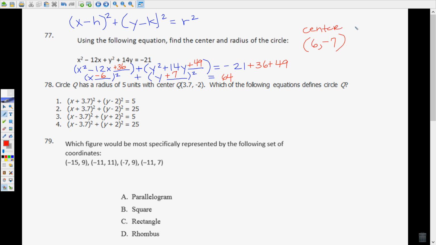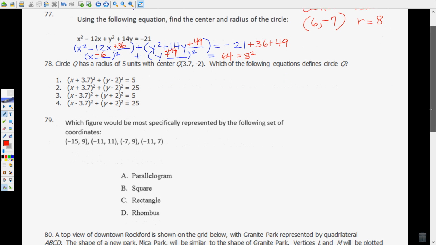And your radius, remember this is radius squared. 64 is radius squared. So your radius is 8 because 8 squared equals 64. Okay. This was a -7 because this would be minus a -7 because there's a minus in the equation of a circle. So to make this a plus, that would have to be a -7. Good. Go back, watch it again if you need to.